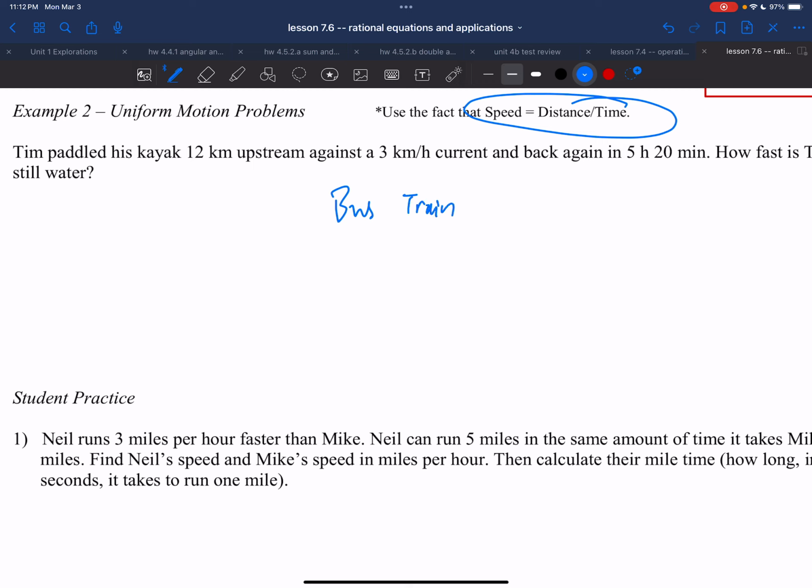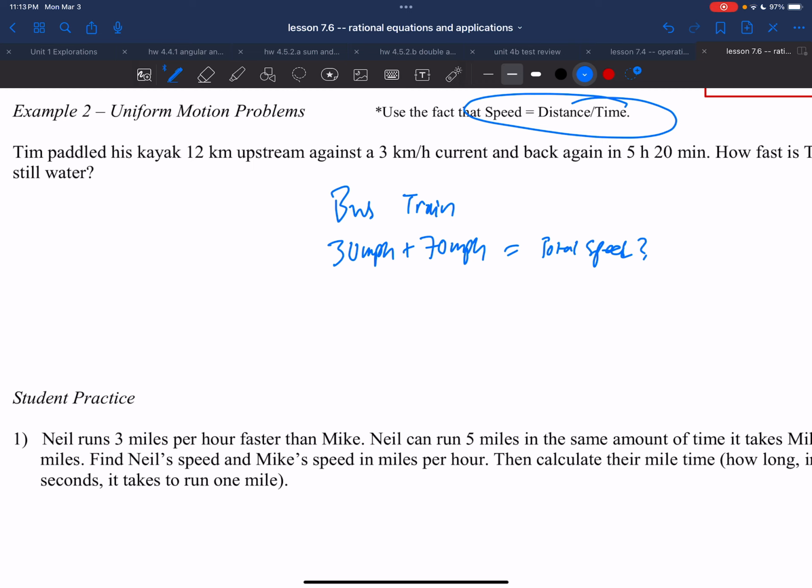Maybe a bus goes 30 miles an hour and maybe the train goes 70 miles an hour. Does it make sense to add those rates to find a total speed? Well, no, because they're 2 separate objects traveling independently of each other, right?